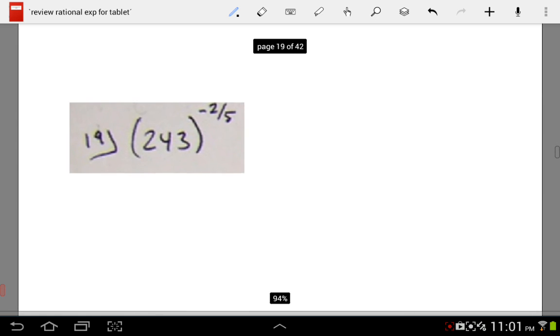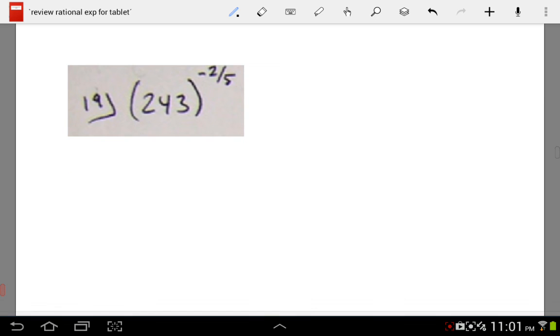Okay, on number 19, we've got 243 to the negative 2/5 there. So I think 243 can be written as 3 to the 5th power. Now, let's make it positive first. Kind of got ahead of myself there a little bit.